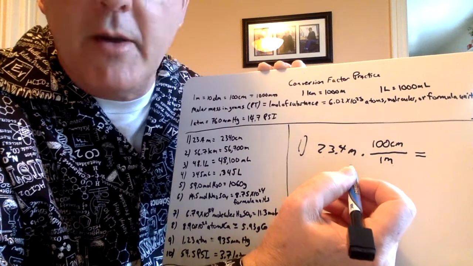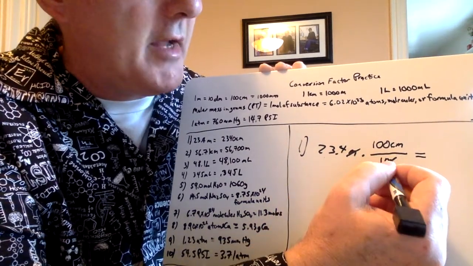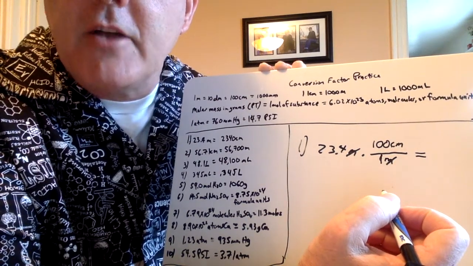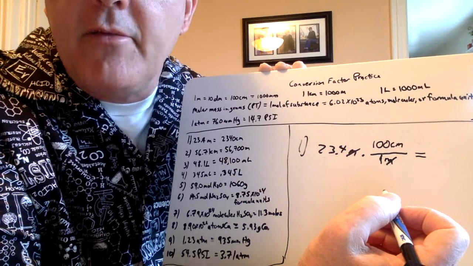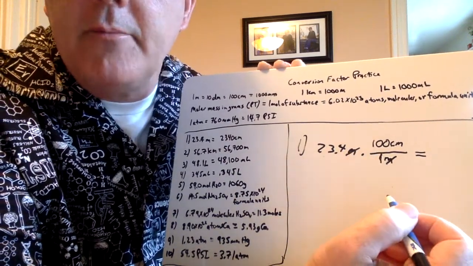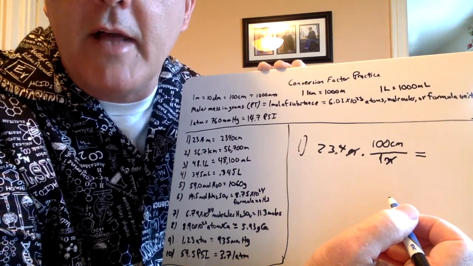Now before we do that, I want to show you that the unit meter cancels just like it was an X or a Y in algebra class. That's why we call it the factor label method. The labels are like factors in math, like X's and Y's, that you can cancel out.